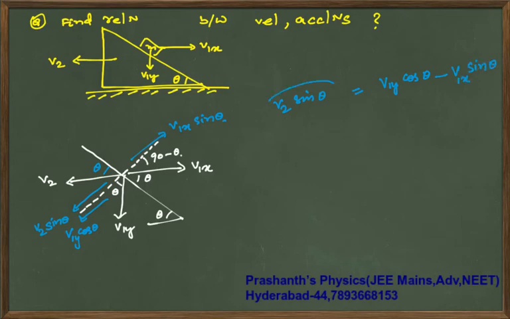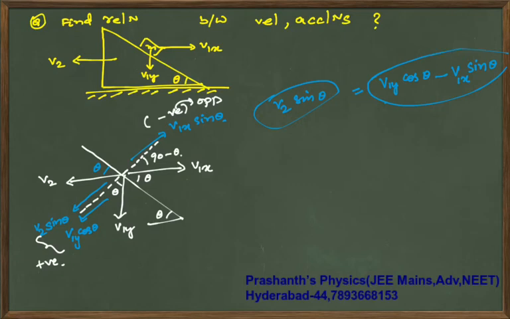These two must be equal in the same direction. v1x is reversed, so minus sign. This side I am keeping positive. Along this, v2 sin theta direction is downwards, so that is why I have written v1y cos theta minus v1x sin theta. Please don't get confused.